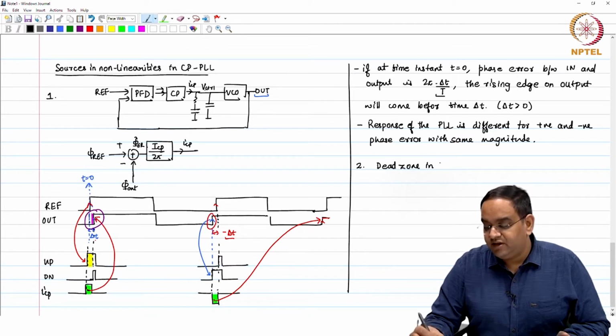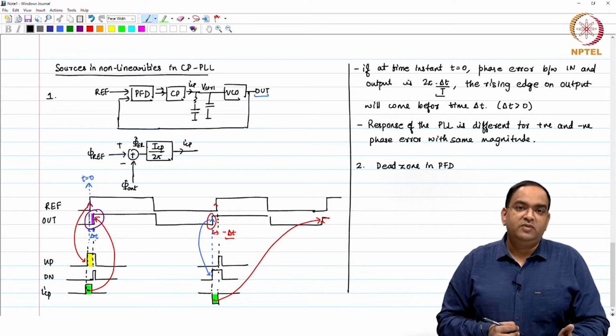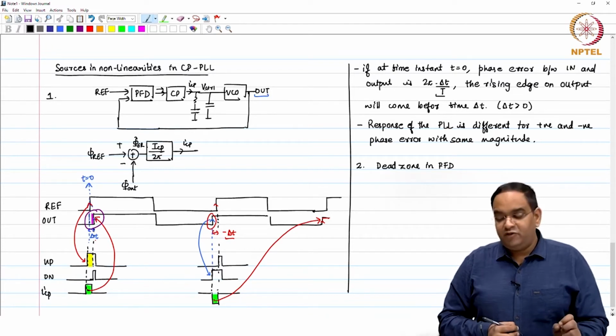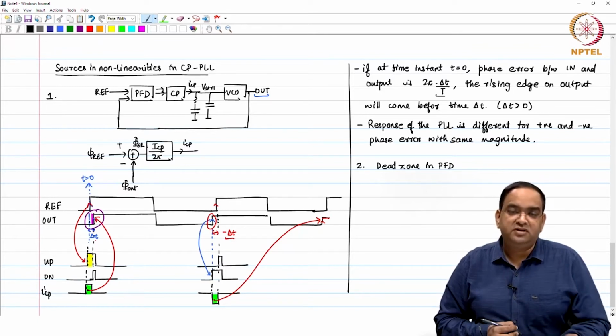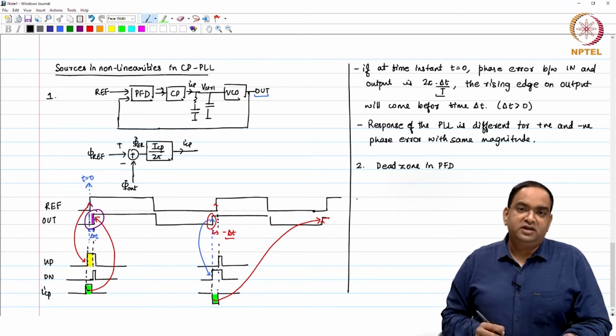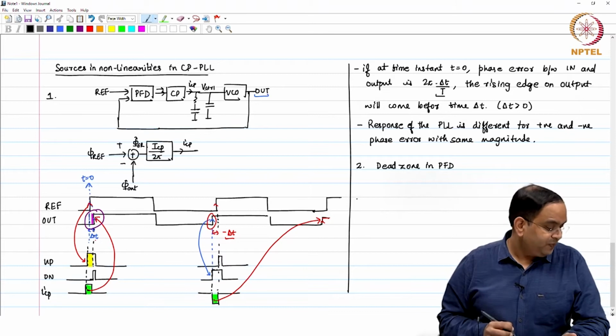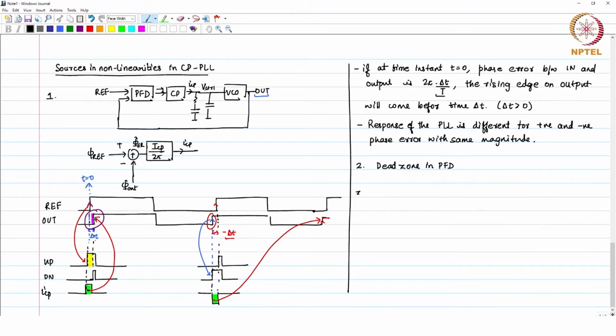Well, this is something which we have also addressed by having a buffer delay in the feedback path. If you have some finite dead zone where your PLL does not respond, right, then in that particular case it is a nonlinear system.